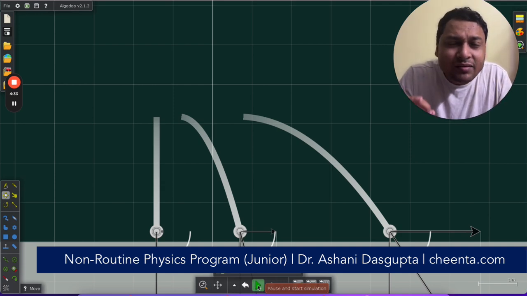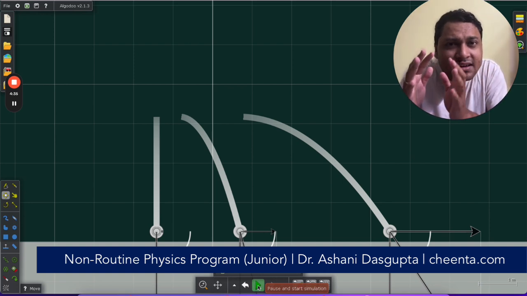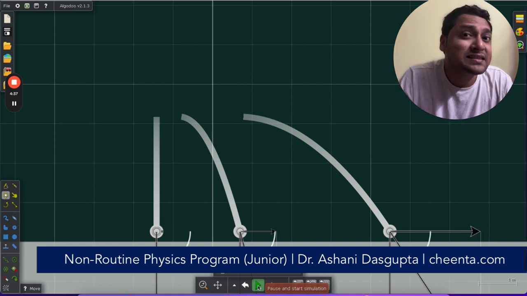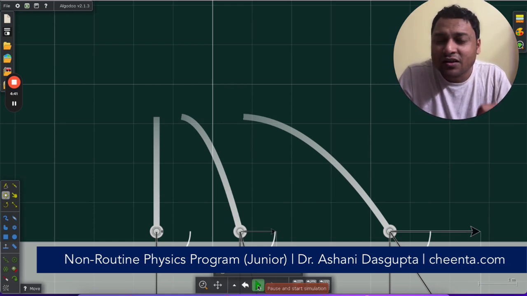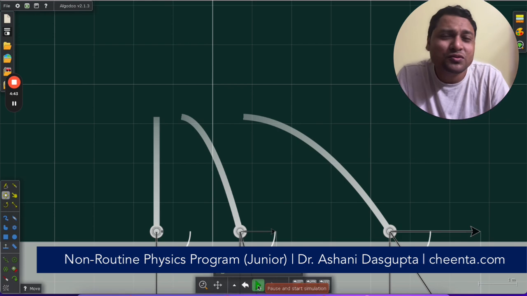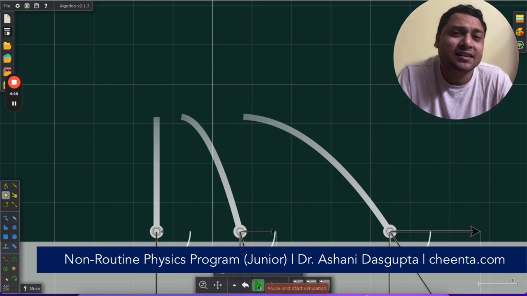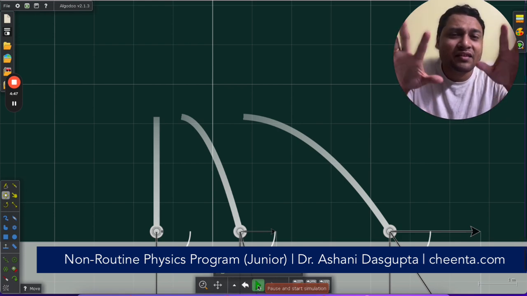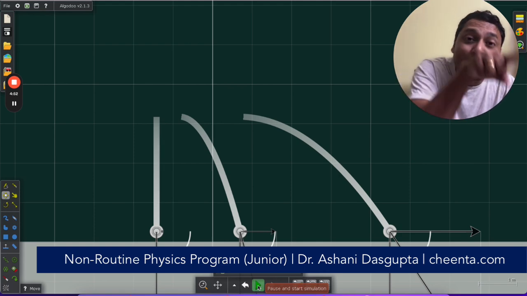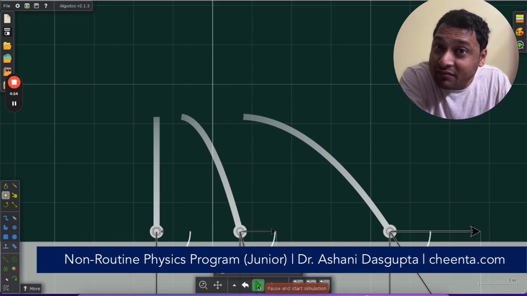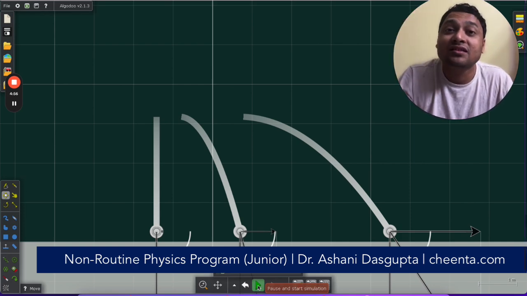And it's extremely important that you think about these two components of the velocity separately. This experiment shows you through this simulation that indeed they function separately, and the vertical component of all three of them is the same. That's why they are reaching the ground at the same time.